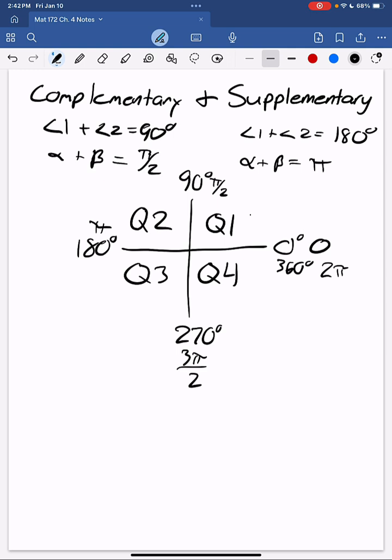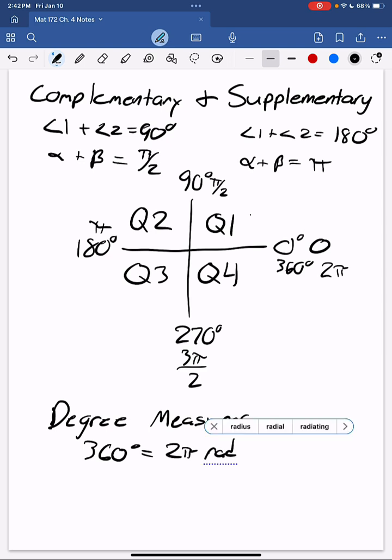So now that we're talking about degrees some and not just radians, let's talk about degree measures. As you can see from our coordinate plane here, 360 degrees is equal to 2 pi radians.